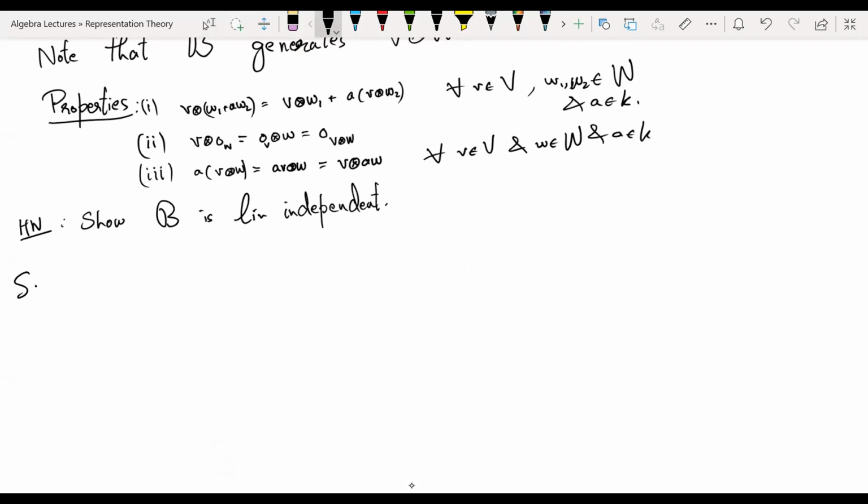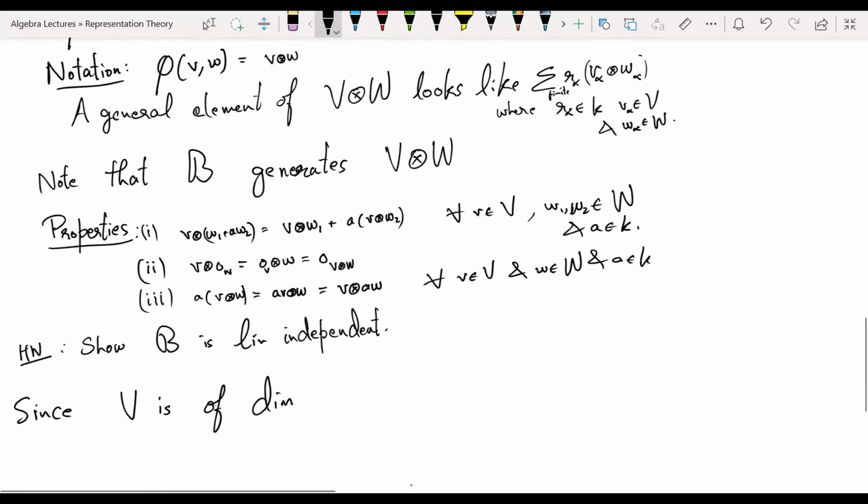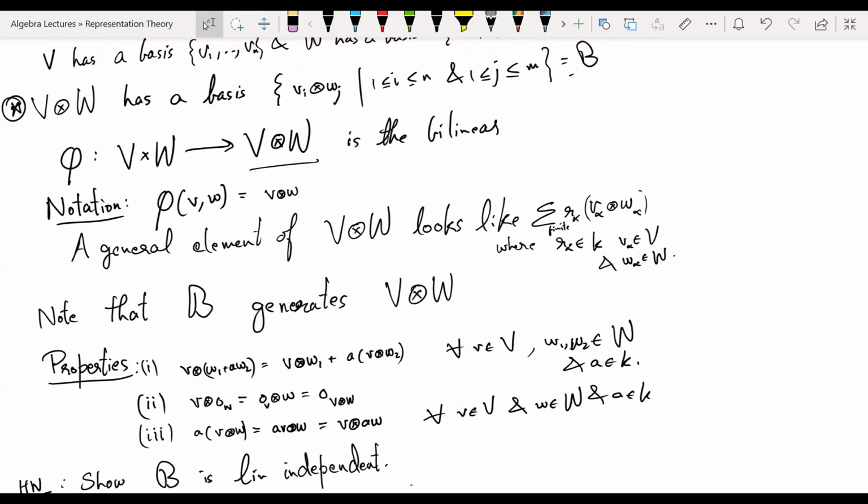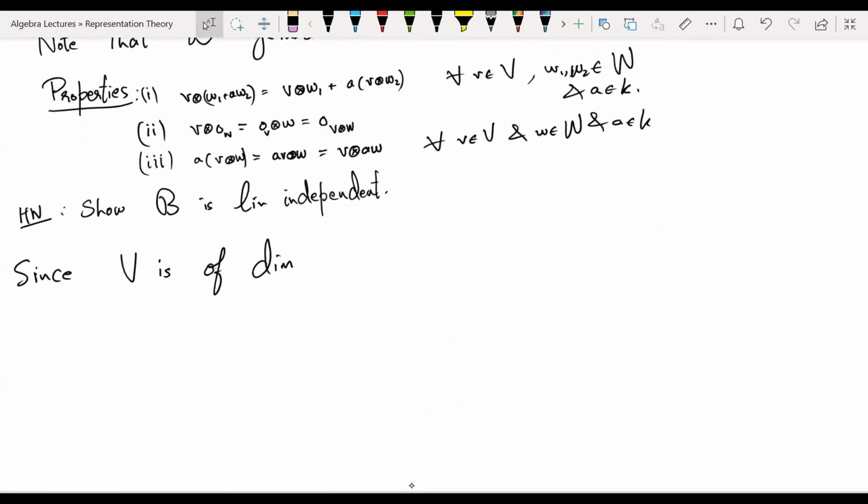Since V is of dimension n, and W is of dimension m, V is isomorphic to K power n, and similarly W is isomorphic to K power m, as K modules or as vector spaces.